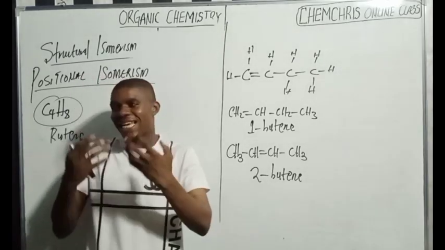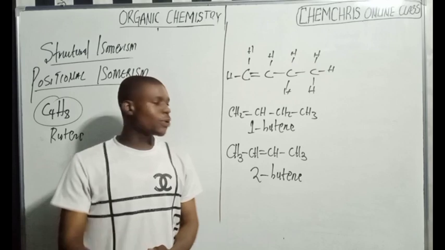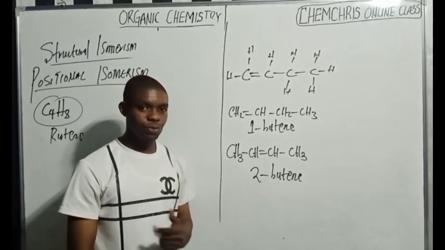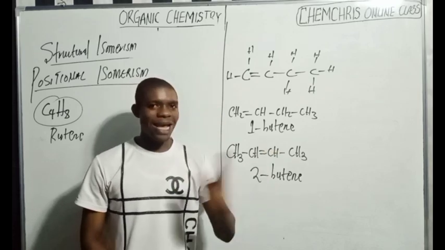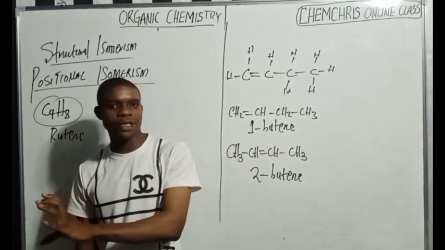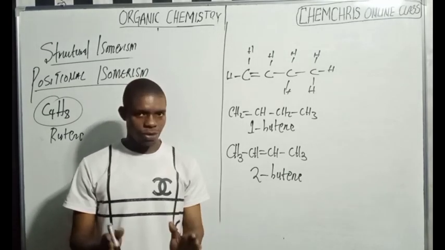So now, if in the exam they ask you what type of isomerism occurs between 1-butene and 2-butene, the answer is simple. It's called structural isomerism. But not just structural isomerism, it's called positional isomerism.